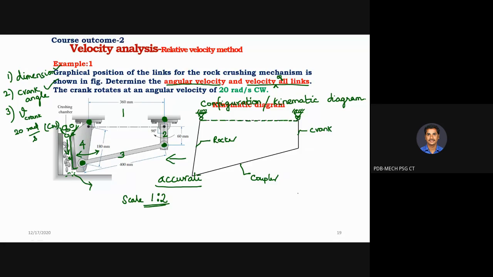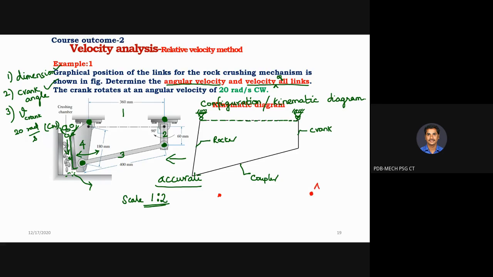So what is the first step? Draw the configuration diagram. First, put a dot here for the frame. At what distance should the next dot be placed? 180 mm, sir. 180 mm, exactly. So this is your point.